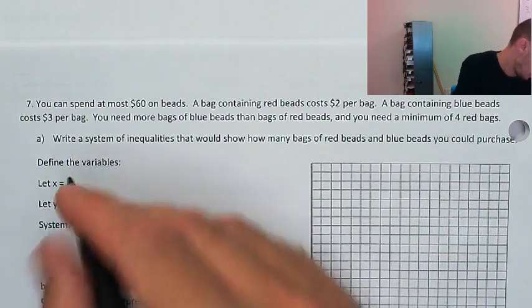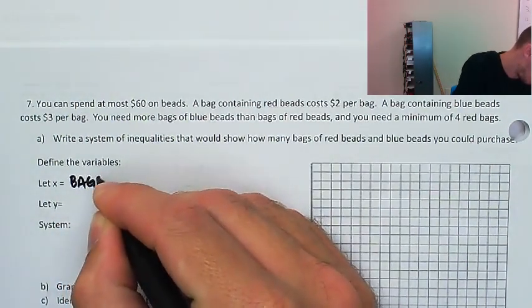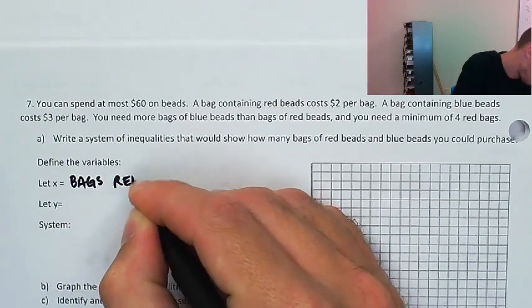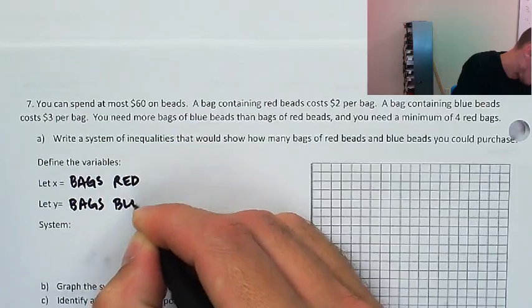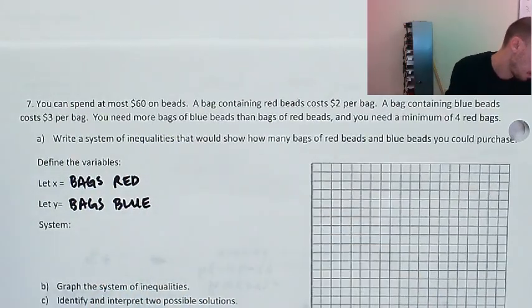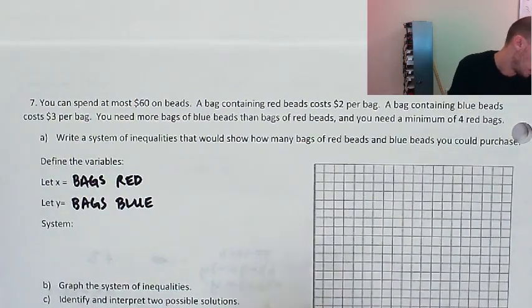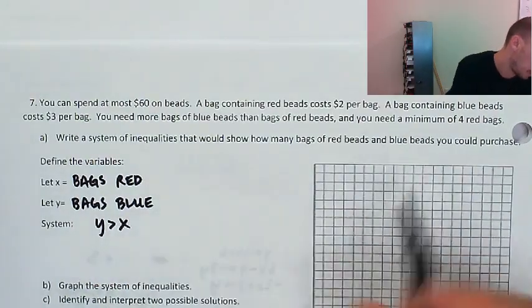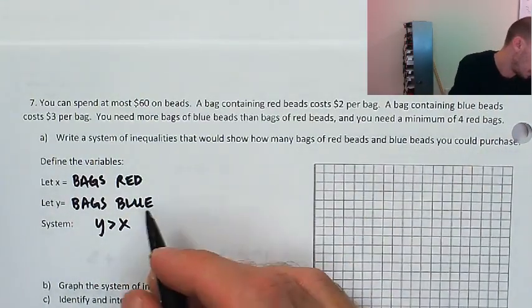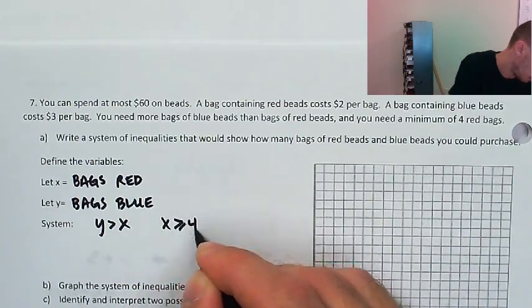So X is going to be bags of red beads, and then Y will be bags of blue. We need the number of blue beads to be more than the number of red beads. So blue greater than red, Y greater than X. I need a minimum of 4 red bags. So X greater than or equal to 4.